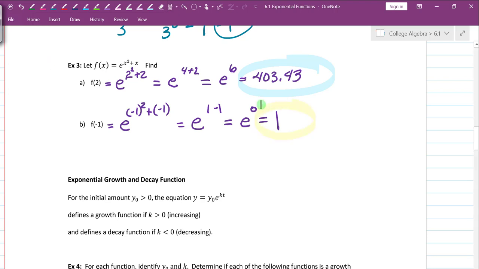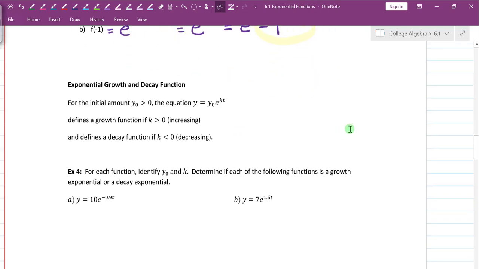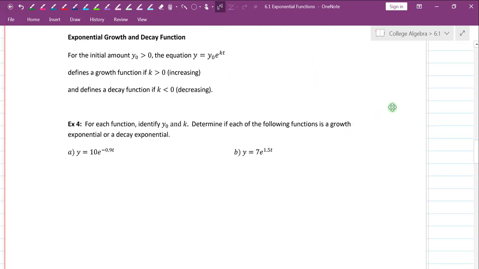Okay, we're going to talk about growth and decay exponential functions. Here are some definitions concerning exponential functions with growth and decay. The initial amount is y naught, and it has to be greater than 0. Obviously, because this is the initial amount of whatever we might be investing, or the problem we're looking at.